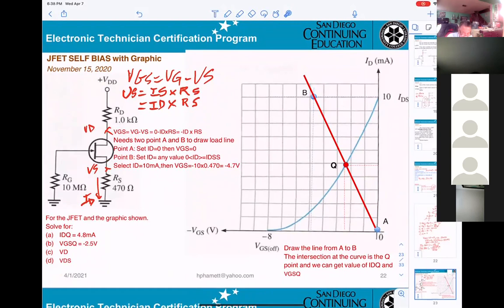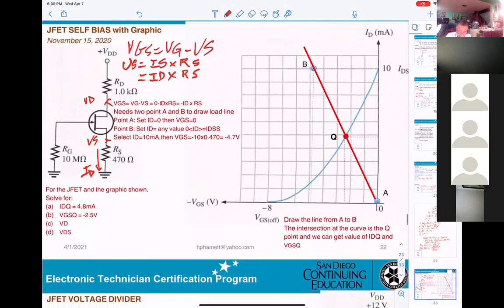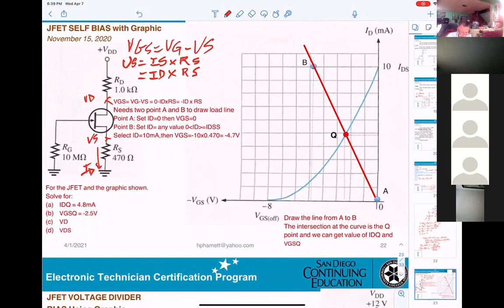Now, let's see, VGS equals minus ID times RS. Please move the screen. Is it okay?